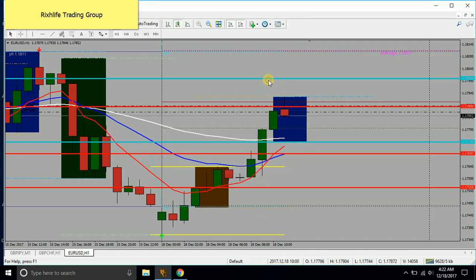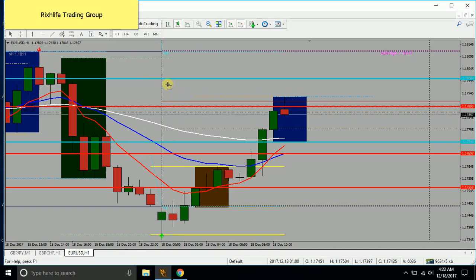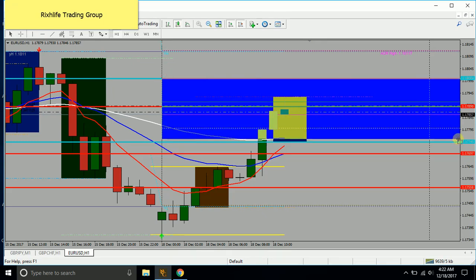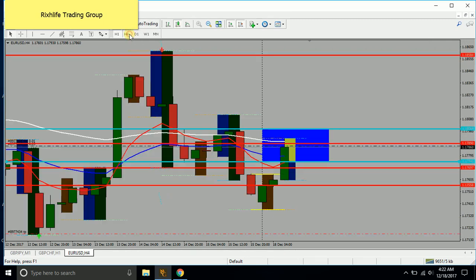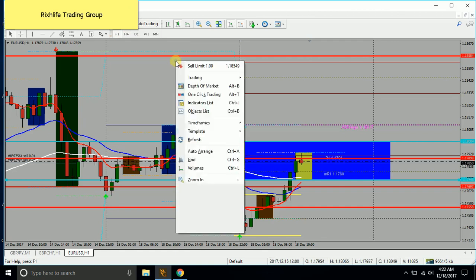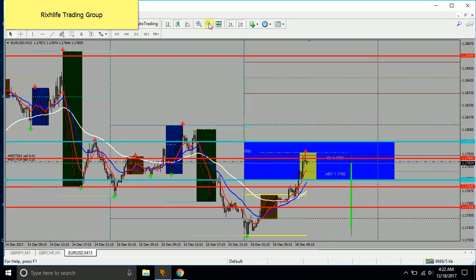So today's entry zone is in here. Hope that makes sense to everybody, and hope how I broke that down and analyzed that was simple enough.